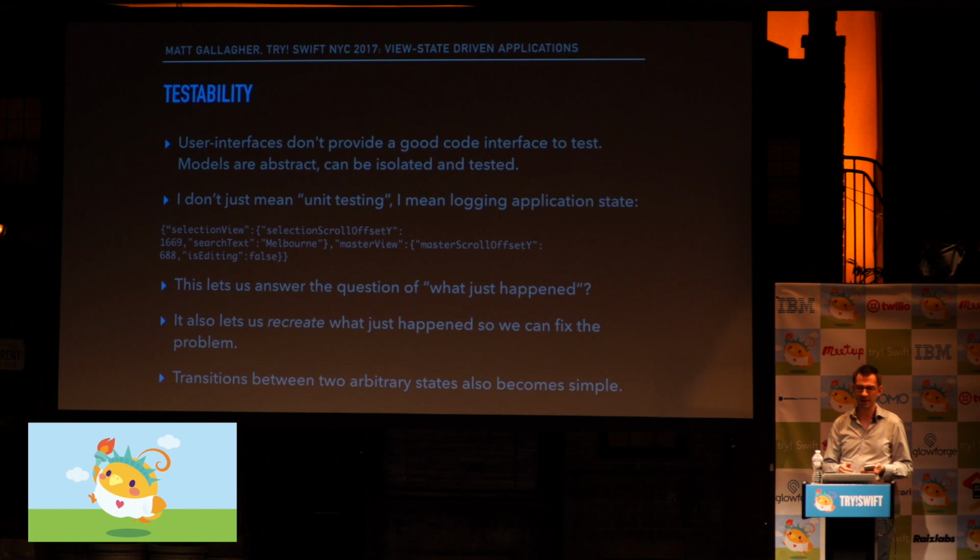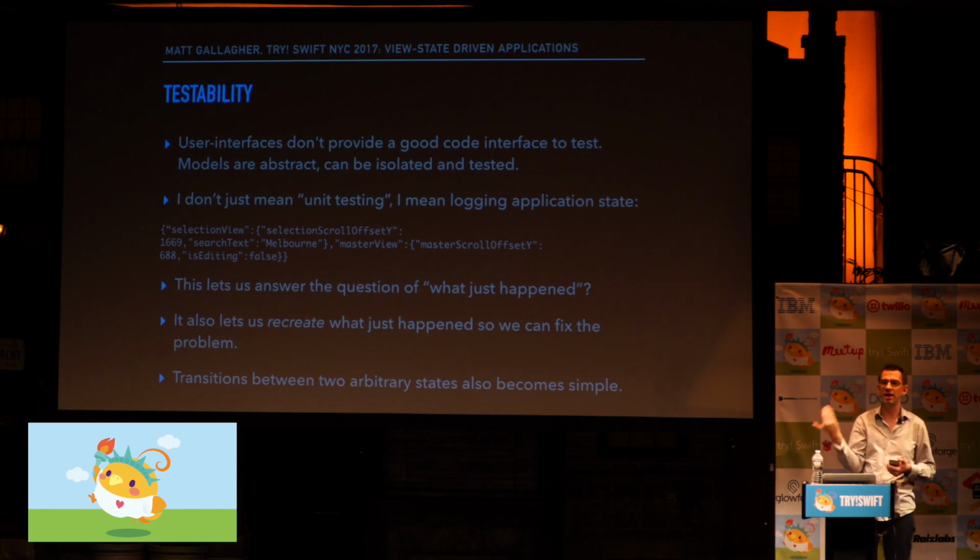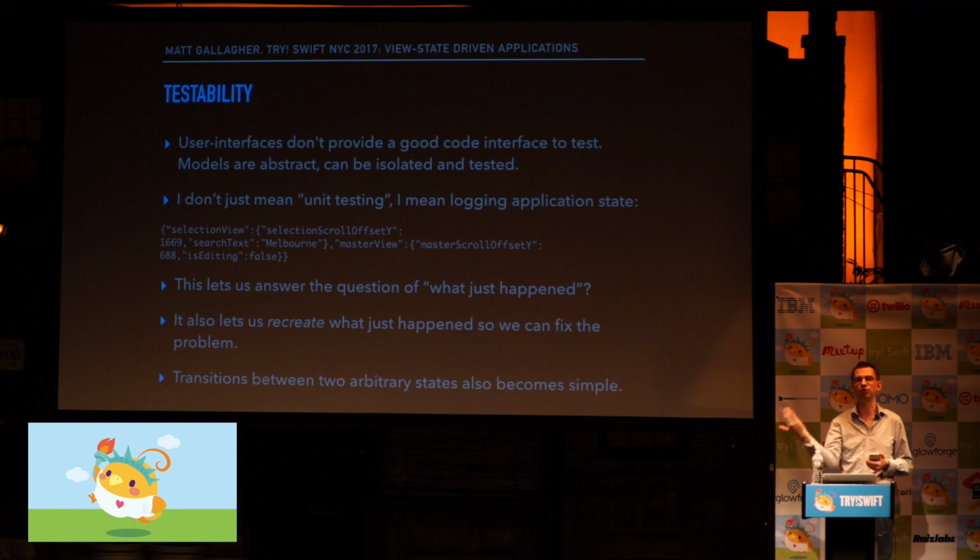So for example, in the Clocks app, there's a selection view that comes up, and that animates back down, and then there's also a detail view, and that comes in from another animation. It's almost impossible as a user to select one of the rows in the master view and have the detail view transition in while the selection view is still transitioning out. Almost, but not totally.